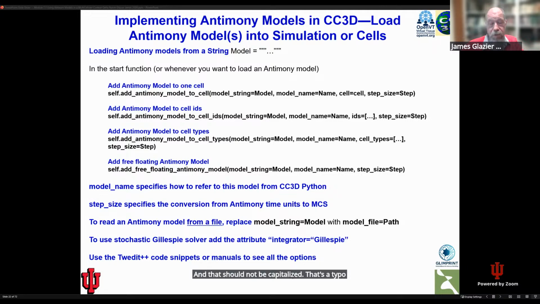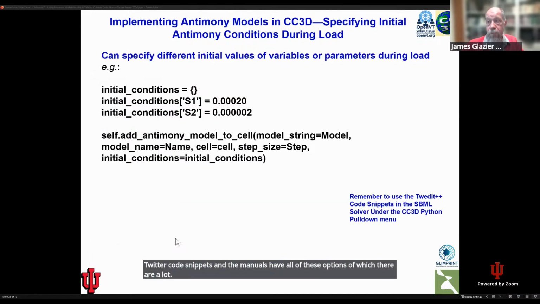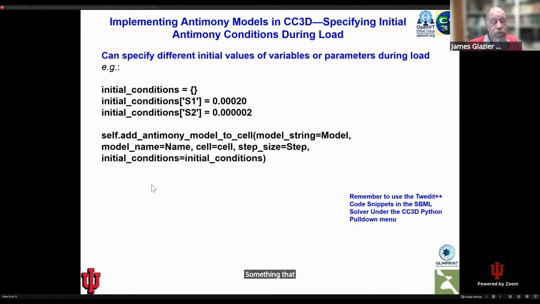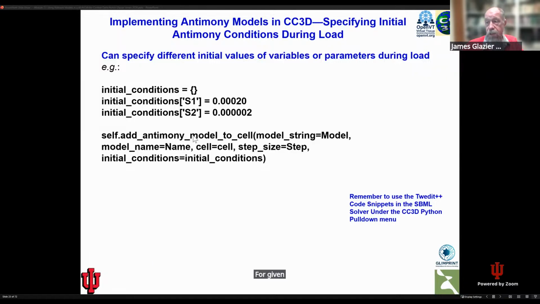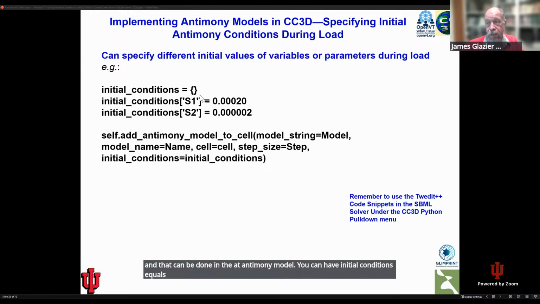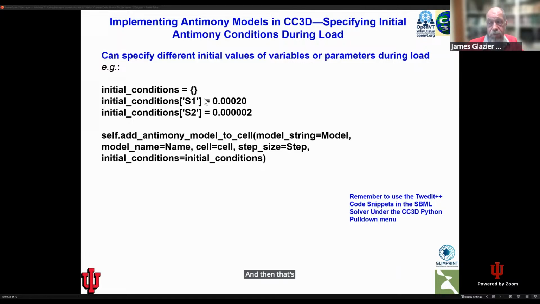Twedit, code snippets, and the manuals have all of these options, of which there are a lot. Okay. Something that I don't use very often, but is possible, is you can define initial conditions for given parameter values or variable names. And that can be done in the add antimony model. You can have initial conditions equals, and then that's going to be basically a dictionary with all the values.